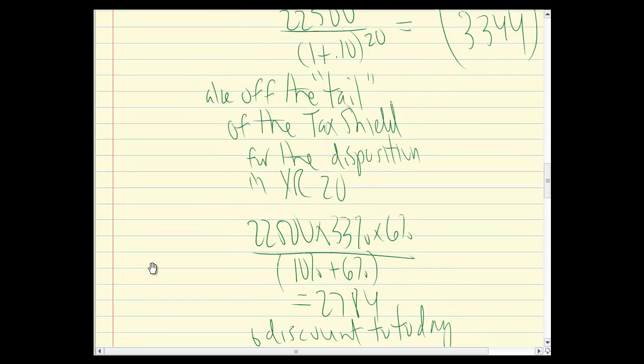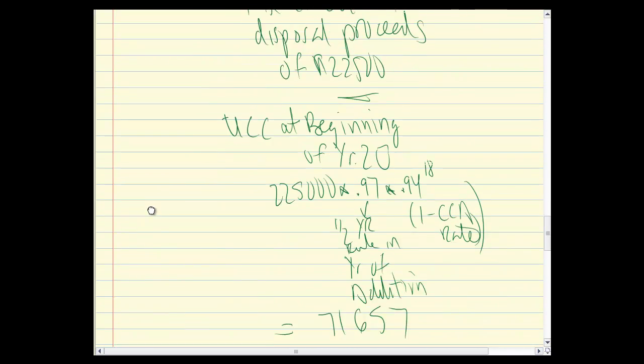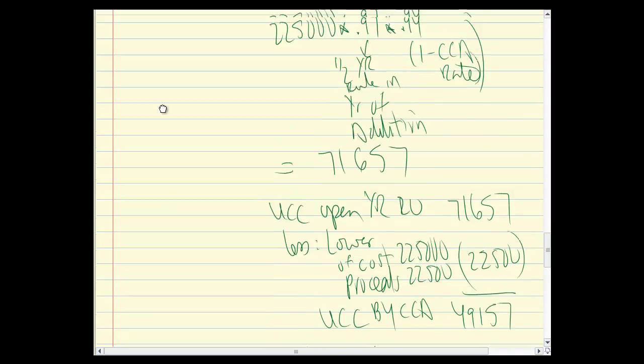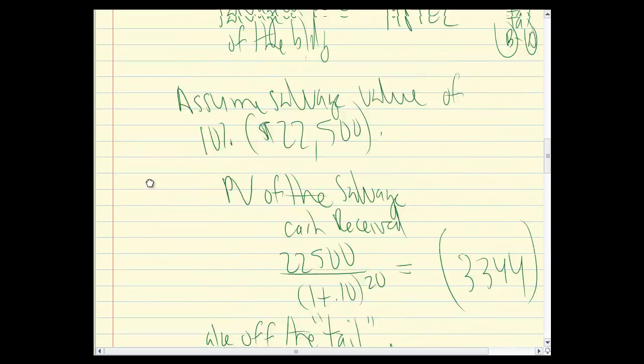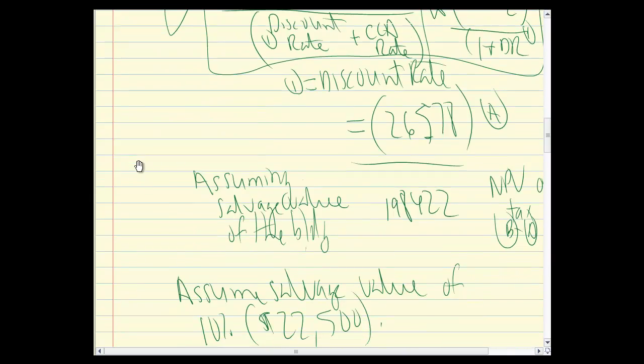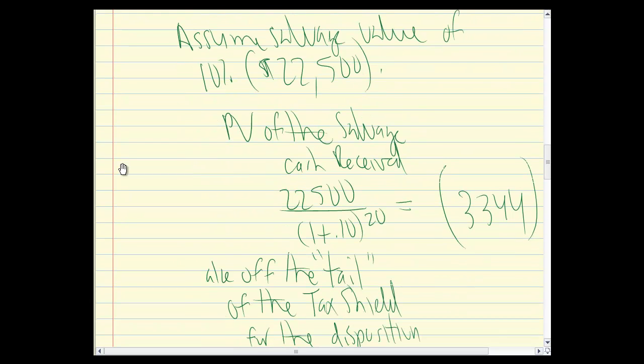Sorry, I hate when I have to do this on the screen. So the original cost was 225 minus the shield, which gets us to 198. Now we have to take into account the three elements of the salvage.